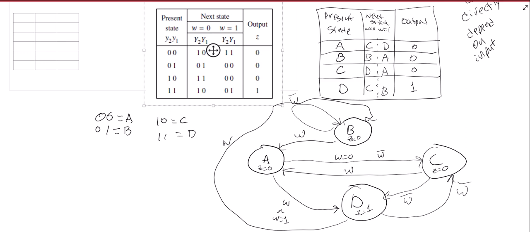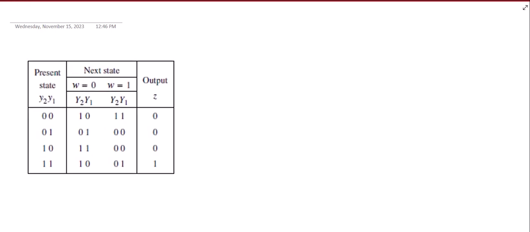So all of that was just for practice, and it doesn't help us draw the circuit. We're going to do that on the next slide. Okay, so we need to do 2 Karnaugh maps, one for capital Y2 and one for capital Y1.